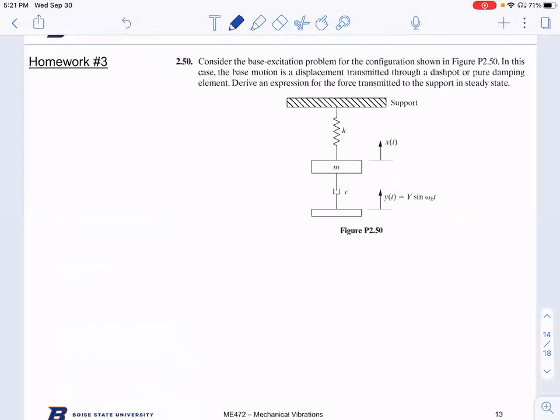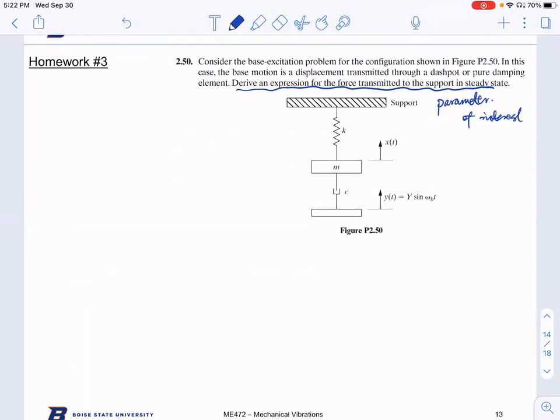So if you look at this system, there is a base excitation Y exciting a spring mass damper. You want to find out how much force is transmitted to the support in steady state. So these sentences give you the parameter of interest, right?